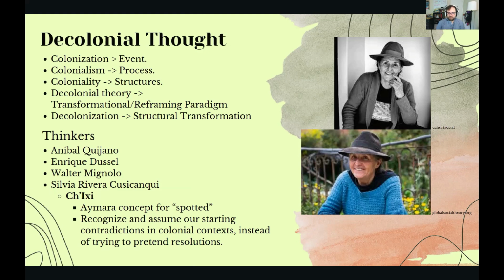We can think about resolving conflicts when we start from that contradiction. And she invited us to think about that in a productive way, so we can really transform and restructure reality and the future, understanding this starting contradiction in all of us. So instead of pretending resolutions, we need to think about the potential of this part of all of us.